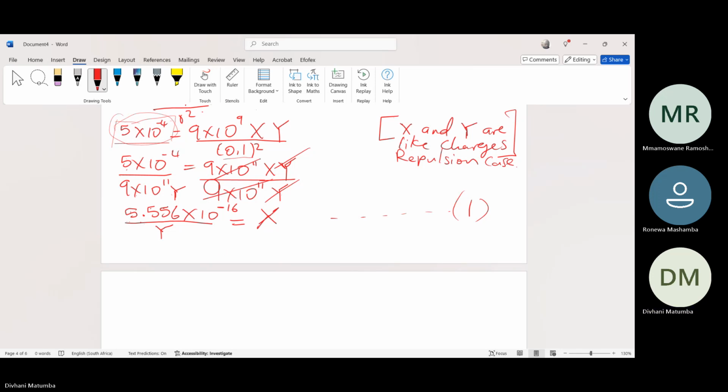Okay. Now that I have two variables, y and x, I need another equation. So the other equation, I'm going to get it on the electric field.